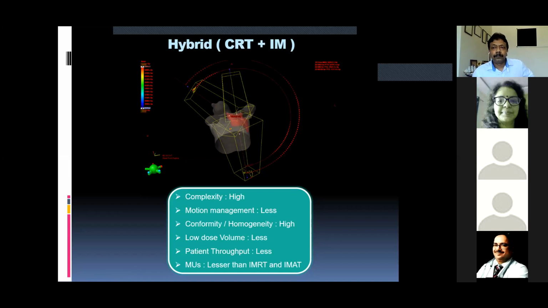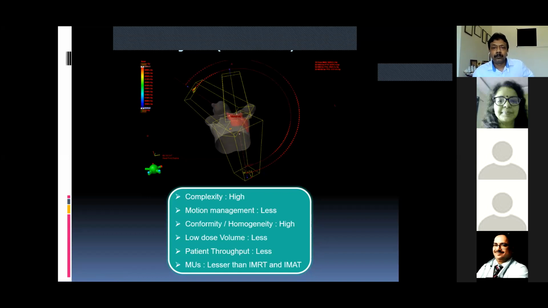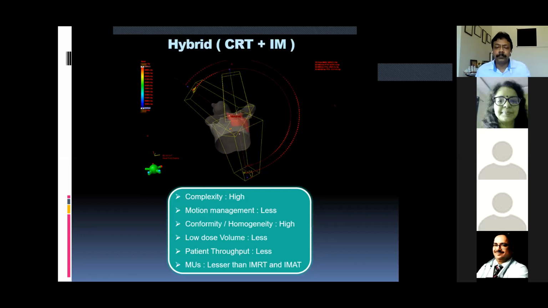Sir, what should be the contributions from the two techniques in hybrid treatments? Ma'am, you can define that. There is no fixed criterion. You can adjust during the plan. You can give more contribution. But normally we give more contribution from 3D CRT, and then finally the low dose points are filled by IMRT.